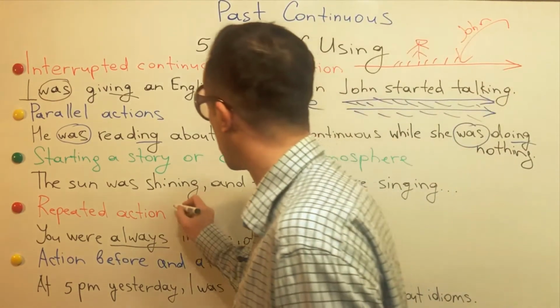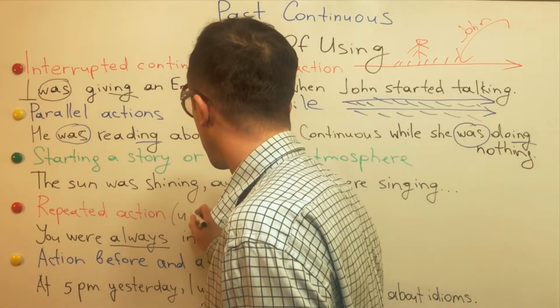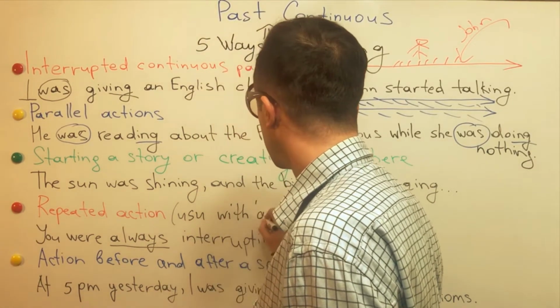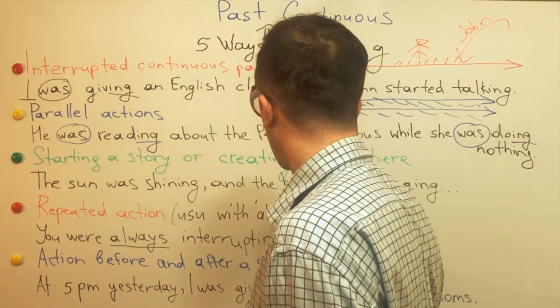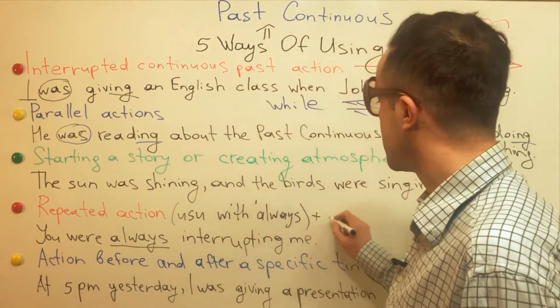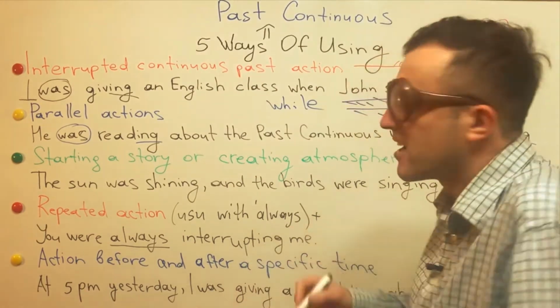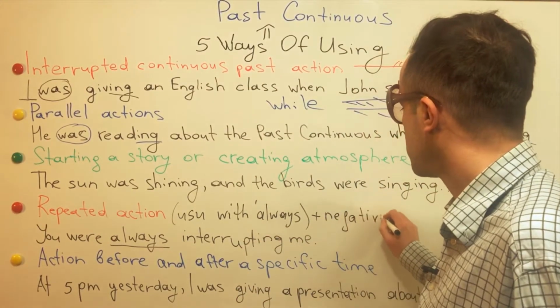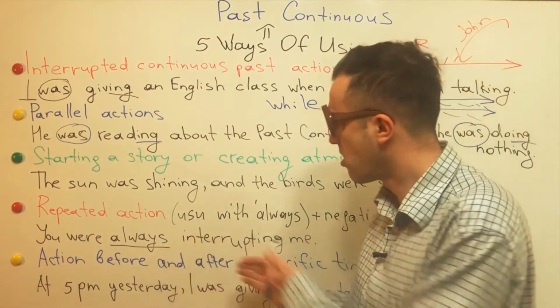Usually with always, and plus it has a negative connotation, so negative. It's not a positive sentence. You were always interrupting me.